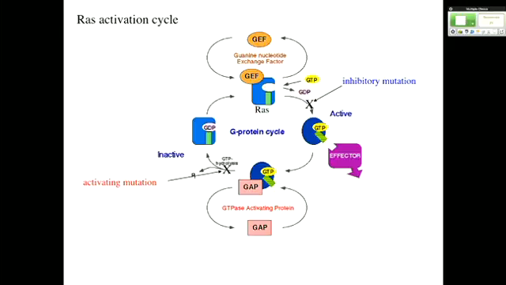The question is, A, is it an inhibitory mutation? Or B, is it an activating mutation that has caused RAS to become an oncogene? Does everyone understand the question? A is inhibitory, B is activating.